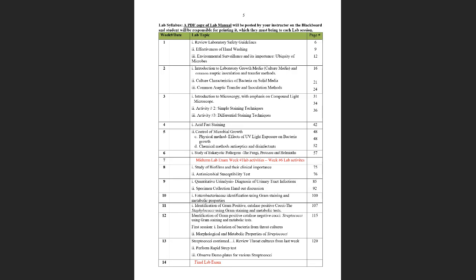Next, we are going to talk about culture characteristics of bacteria when they grow on solid media, as well as when they grow in different types of liquid media. Culture characteristics mean, we talked about colony morphology last time. So when you have a plate full of microbes growing on a culture plate, that's called a culture.